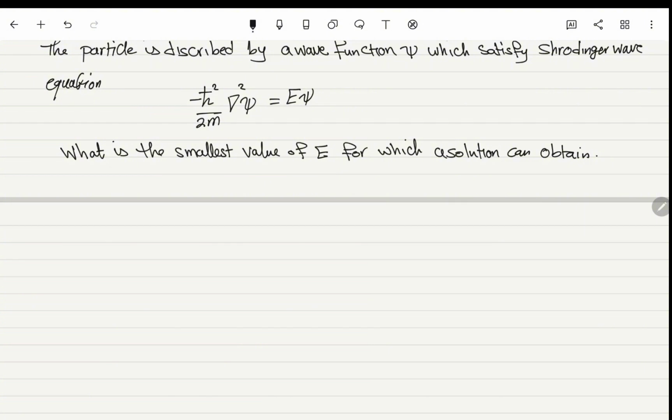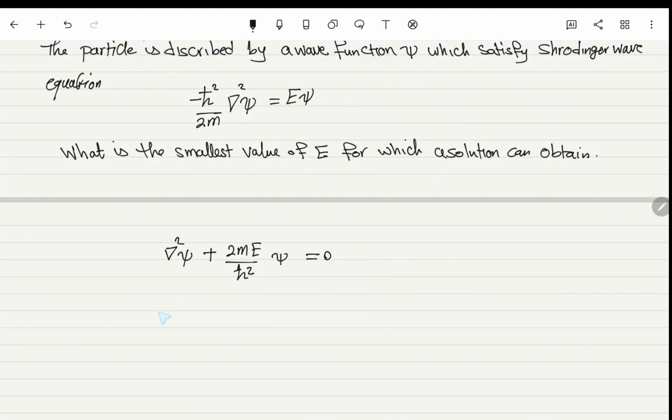Let's rearrange the equation, this one here. So Laplacian psi plus 2mE over h bar squared psi equal to 0. So if we compare this with the Helmholtz equation, this part here is k squared.